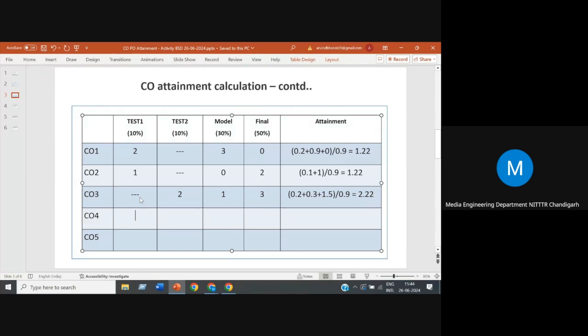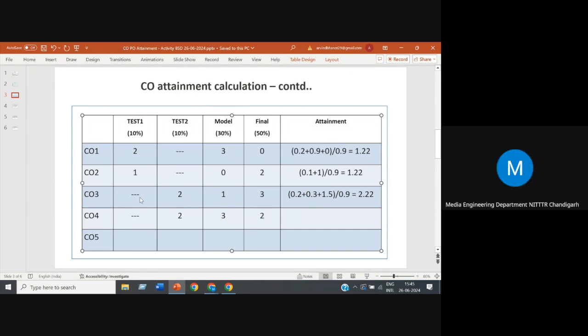Okay, and then CO4. Dash, dash, dash, then 2, 2, 2, 3, 2. What should be here? 2.